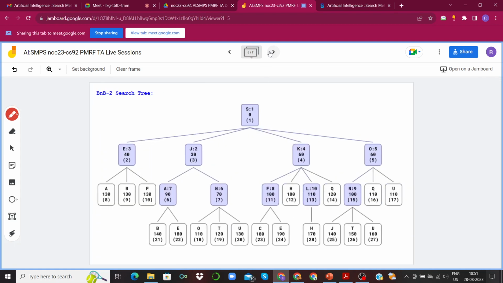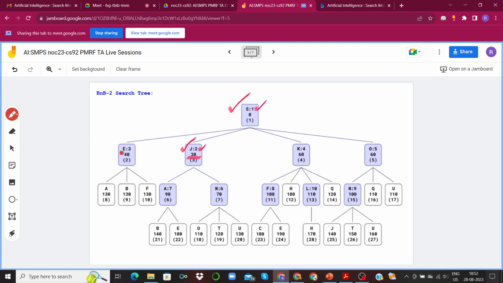Okay, so let's go to the search tree for the BNB2 method, and you can see that this is a slightly smaller reduced search tree. Here also we start with S, with cost 0, index 1. Then we choose to explore J because that is the best looking option with index 2 and cost 30. Now here, as I told you, there are only 2 children of J, A and N. Now from among all the options available at this instant, we find that E is the best looking option.